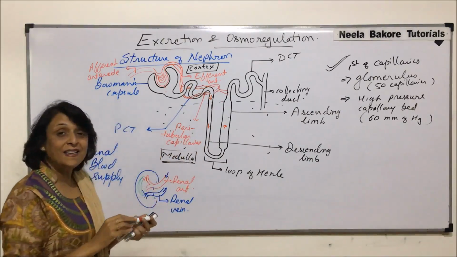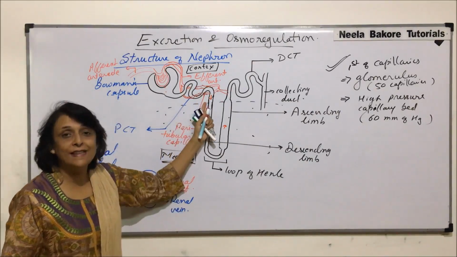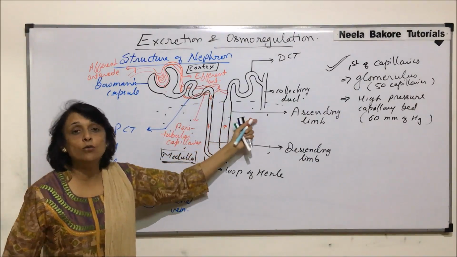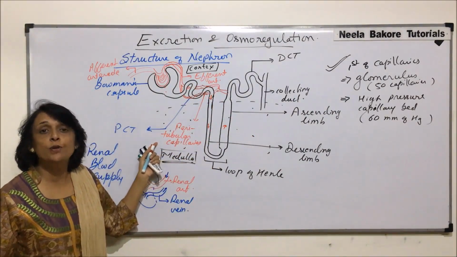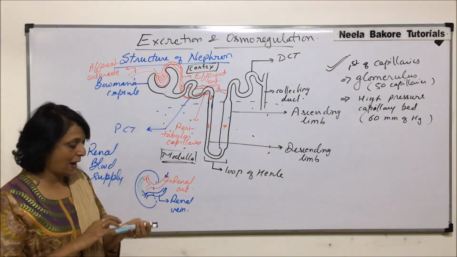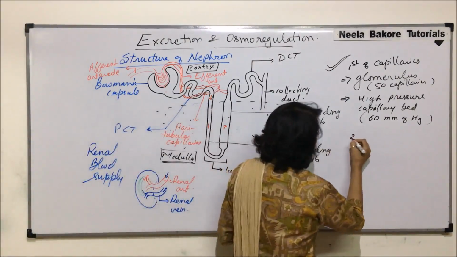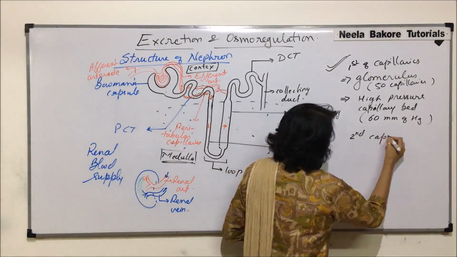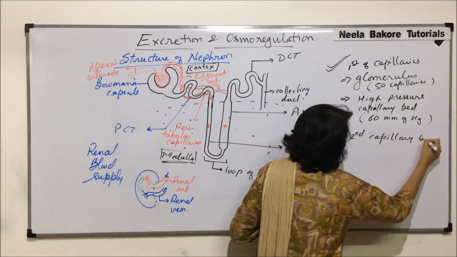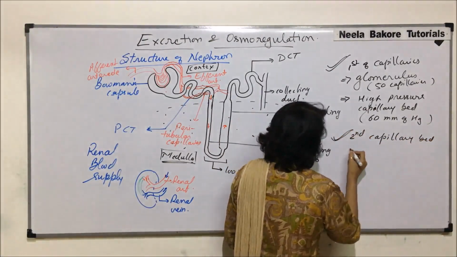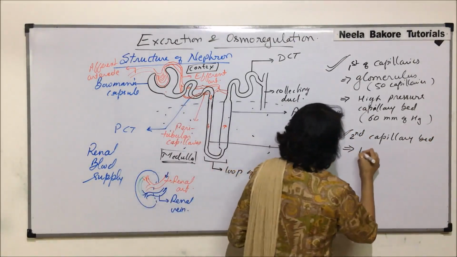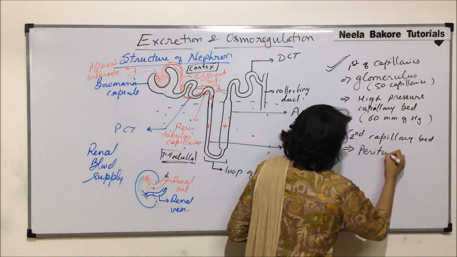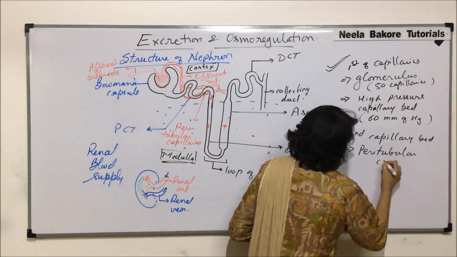They are finer tubes, and that is why capillaries, and as they are around the tubule part, it is known as peritubular capillary. This is the second capillary bed, made up of peritubular capillaries.